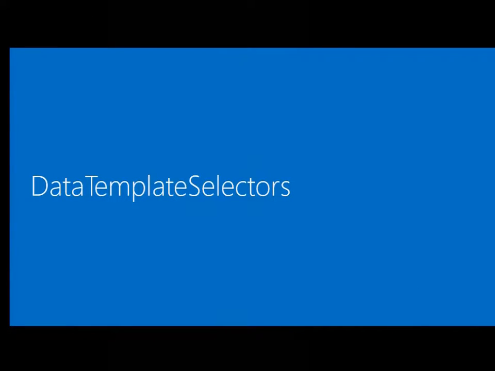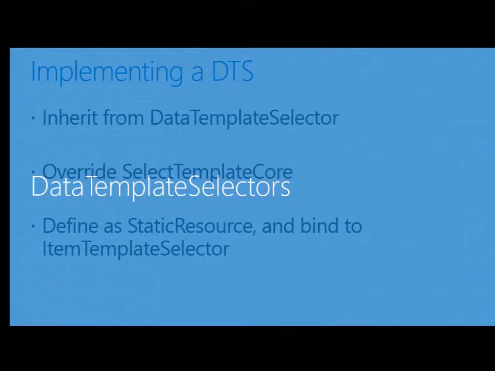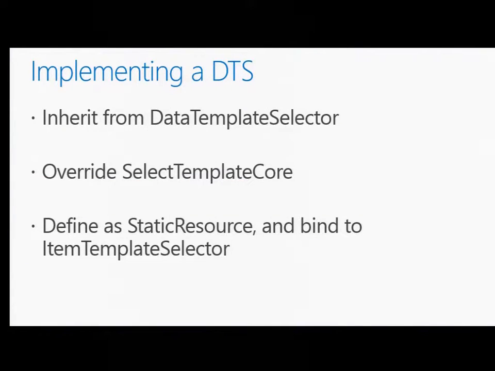So how do you implement the data template selector? It's actually quite simple. There's a class called data template selector, and you have to create one of your own. So you inherit from a data template selector, and you override the select template core method.